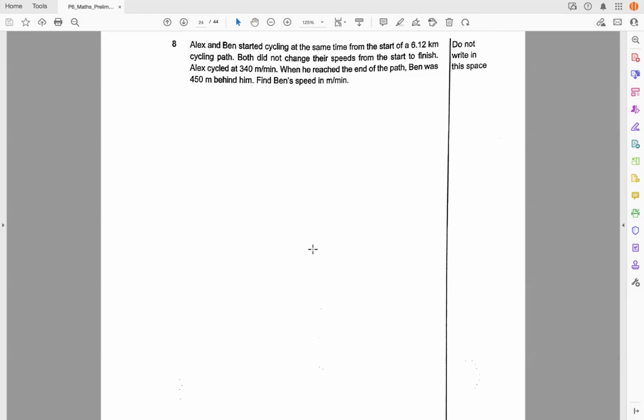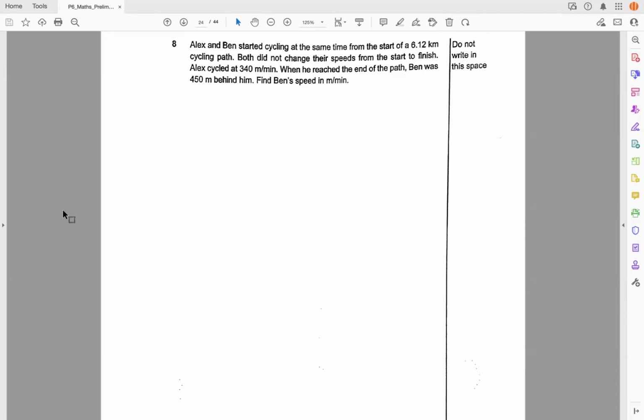Okay, question 8. This is not a difficult speed question. Okay, let's draw the speed timeline. So Alex and Ben started cycling at the same time from the start of a 6.12 kilometer cycling path. Both did not change their speed from the start to finish.